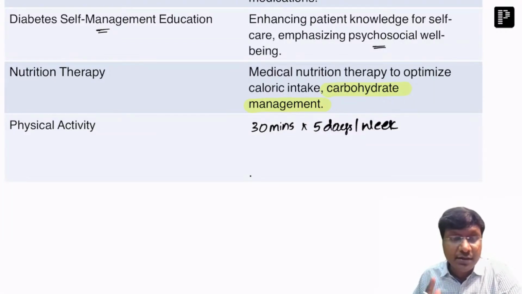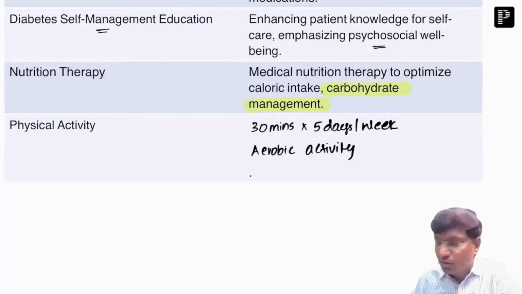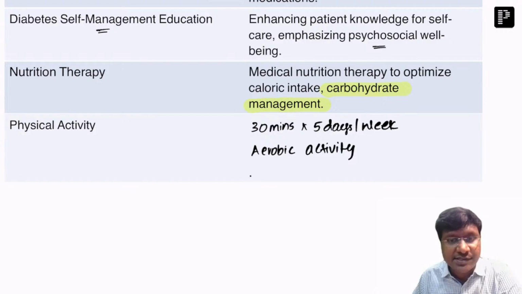So that should be a form of moderate aerobic activity, right? That should be the form of moderate aerobic activity which is required in the treatment of this patient. And along with this moderate aerobic activity, resistance exercises are required, and balance training is also very, very important.